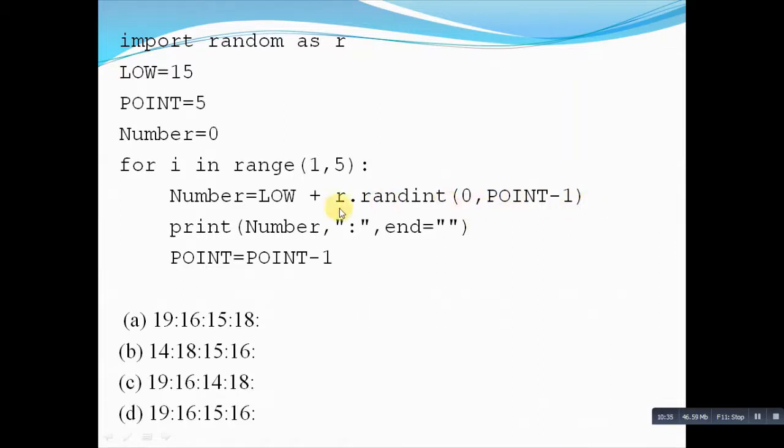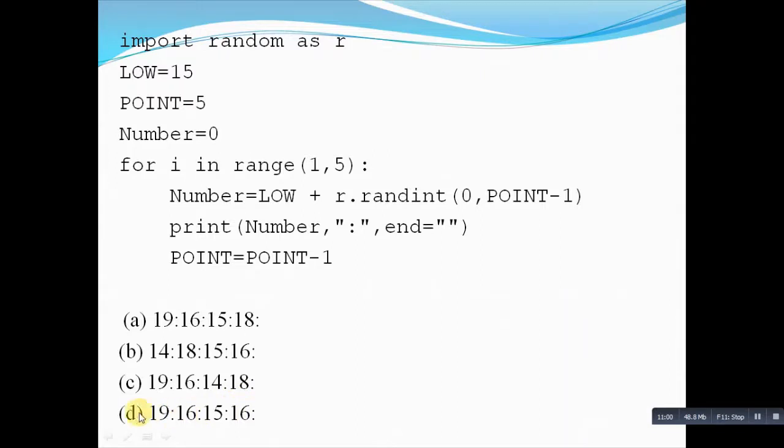It means any value like 1 or 0 may be generated from this part of the program. So 15 plus either 0 or 1. If it is 0, then it will be 15, and if it is 1, then it will be 16. So either it will generate 15 or 16. Now you can see the last option here, that it is 18 and here it is 16.